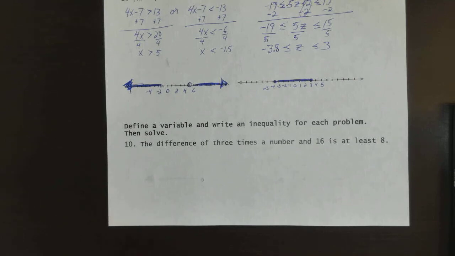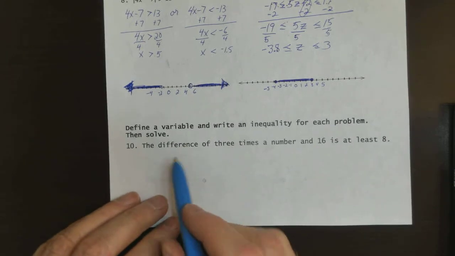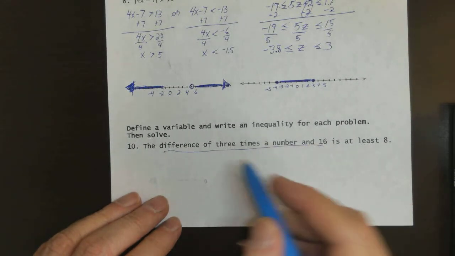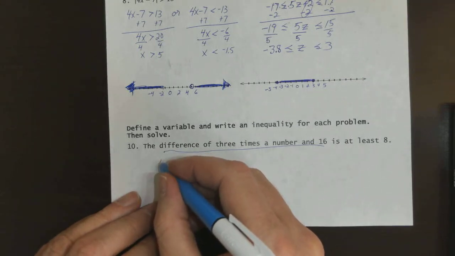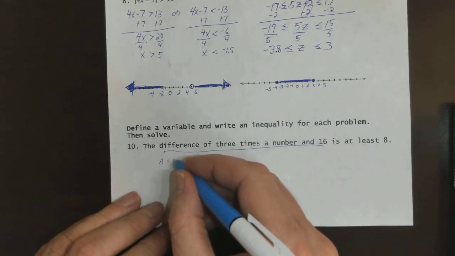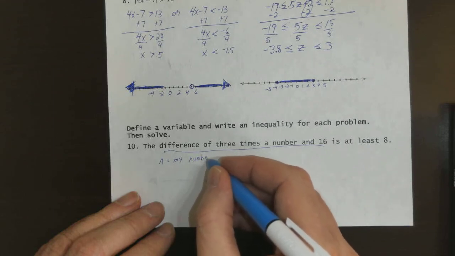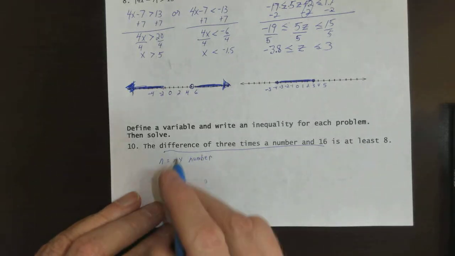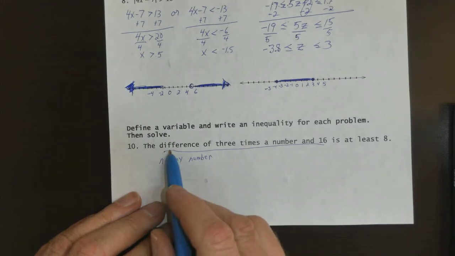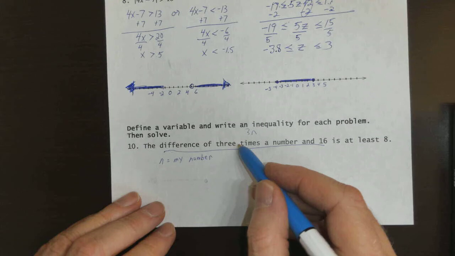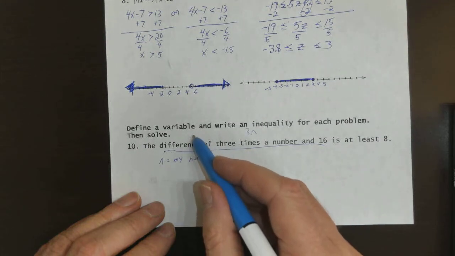Alright, last one. Define a variable and write an inequality for each problem, then solve. The difference of 3 times a number and 16. Okay, n equals my number, or our number, or a number, the number. The difference of 3 times a number, difference is subtraction, right?